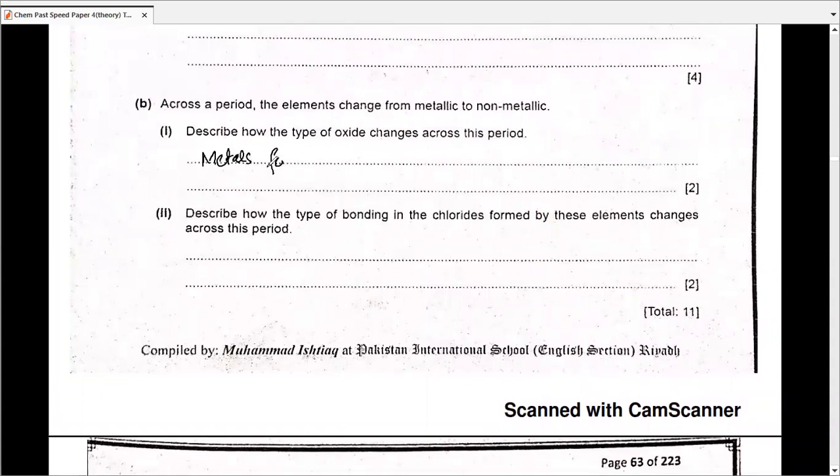metals form basic oxide and non-metals form acidic oxide.